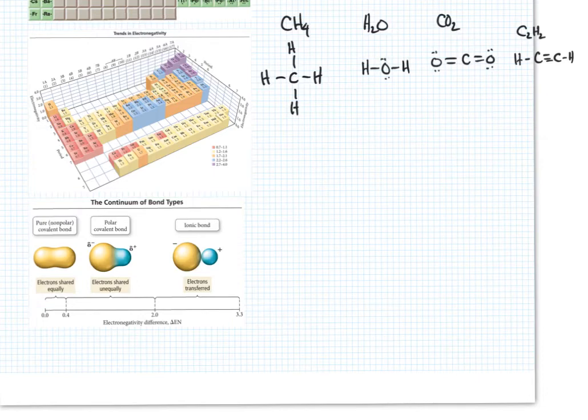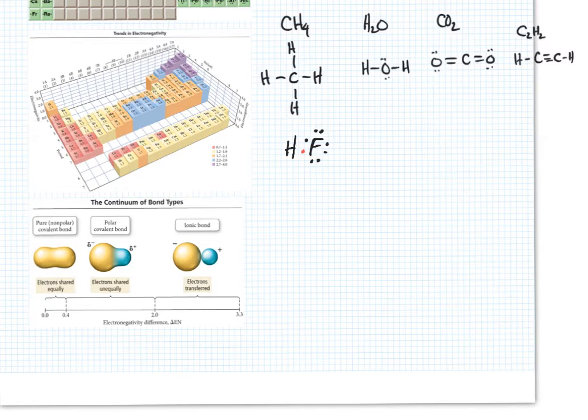So if we have a molecule like HF, and we use our dot structure to write this. Fluorine has 7 electrons around it, and the hydrogen has 1 electron around it. If we count the octets, we have 2, 4, 6, 8 around the fluorine, and we've got 2 around hydrogen.